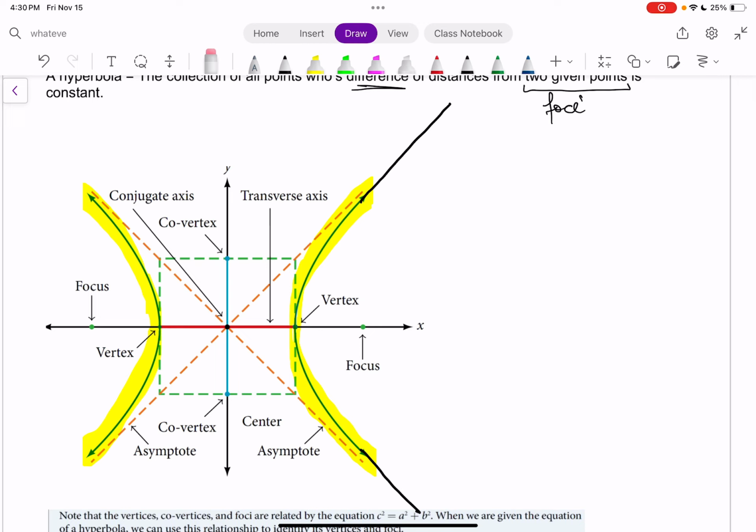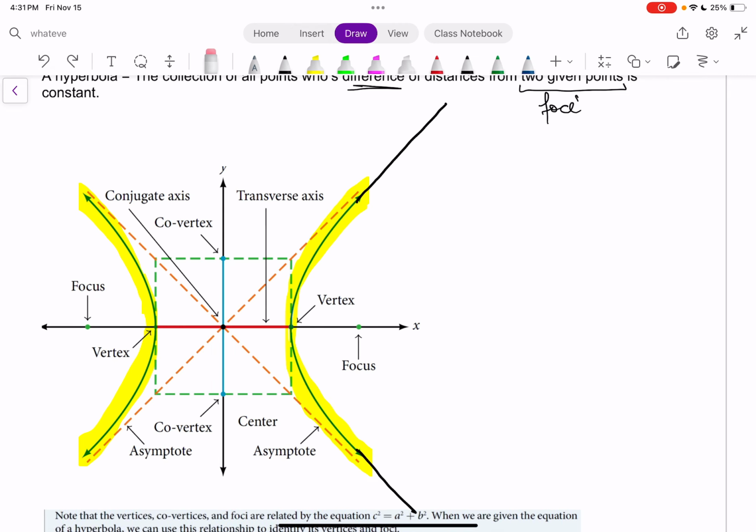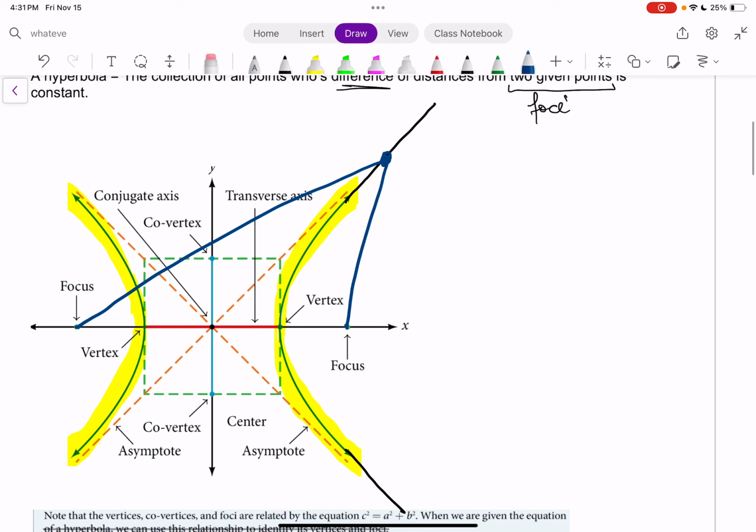All right, so now it says the difference from any of these points to the foci are the same. So if I pick any point on the hyperbola, and I measure the distance to one focus and to the other, and I subtract these two distances, that's the same as being here, measuring the distance to here and subtracting them, the answer will be the same.